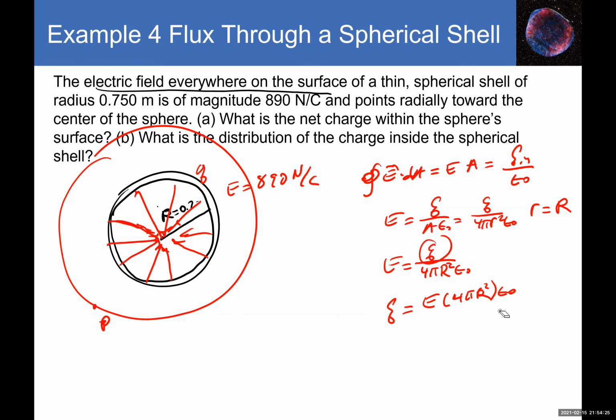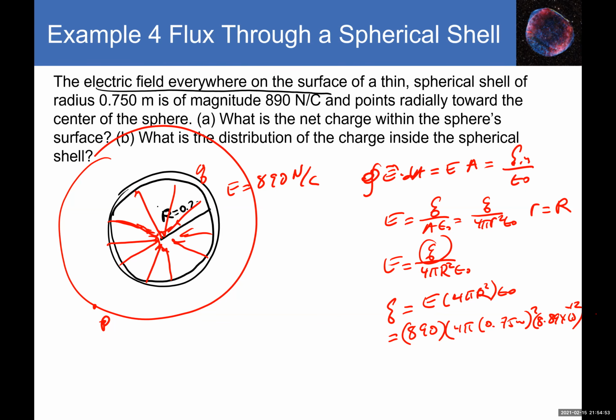Then we can calculate Q. So 890 times 4 pi times 0.75 meters square, times 8.89 times 10 to the negative 12, that's for the constant.